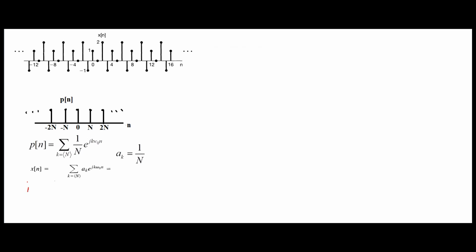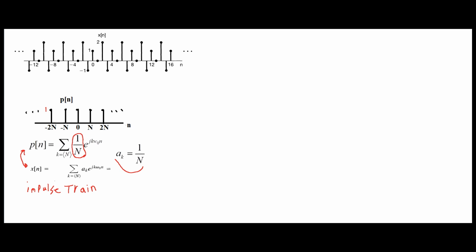First, we introduce a signal called the impulse train. In this signal, all amplitudes are equal to 1. If we denote it by Pn, its Fourier series coefficients are equal to 1 over n.